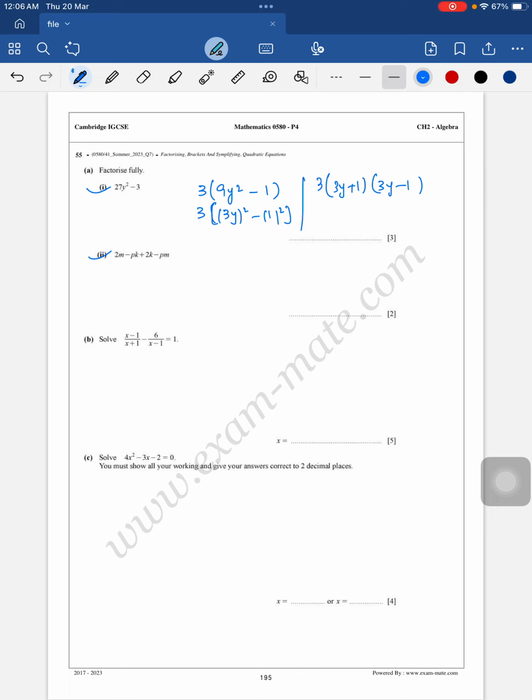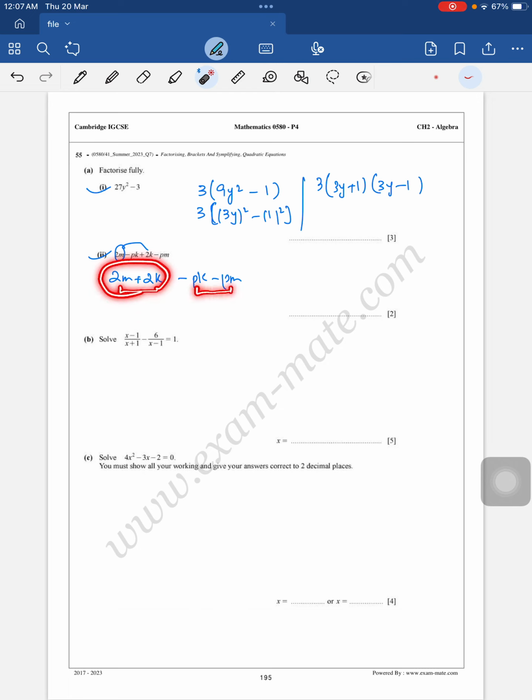Part 2, 2m minus pk plus 2k minus pm. So here we can see that if I make a pair of 2m and 2k, and minus pk minus pm, in this pair 2 is common, so I will be getting m plus k.